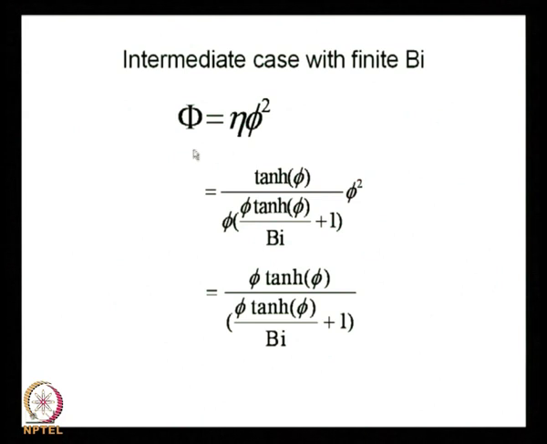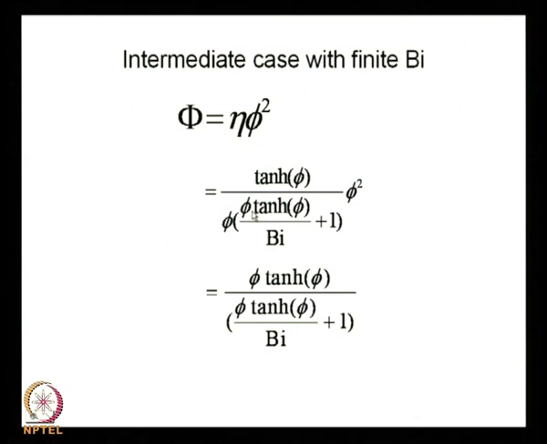So, if you look at only the eta, then you will have Biot number over phi square, because of that.